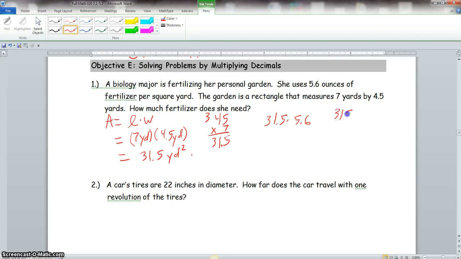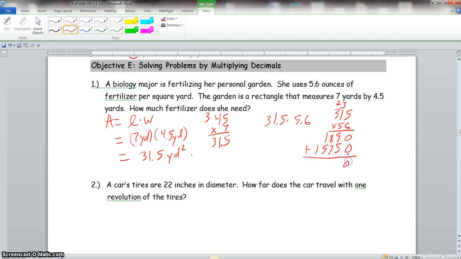So we have 315 times 56. 6 times 5 is 30. We carry our 3. 6 times 1 is 6 plus 3 is 9. 6 times 3 is 18. Add our 0 here. 5 times 5 is 25. Bring down our 5 and carry our 2. 5 times 1 is 5 plus 2 is 7. And 5 times 3 is 15.